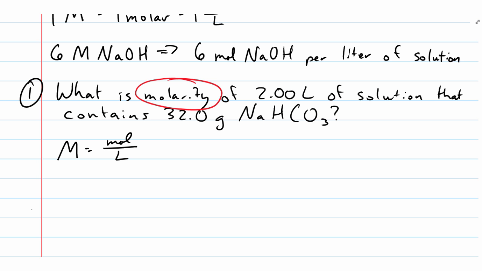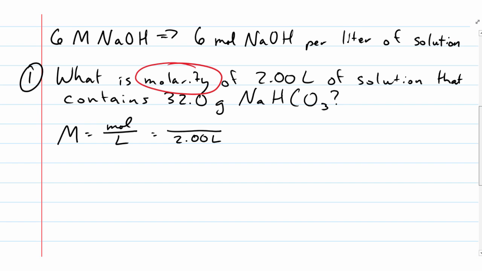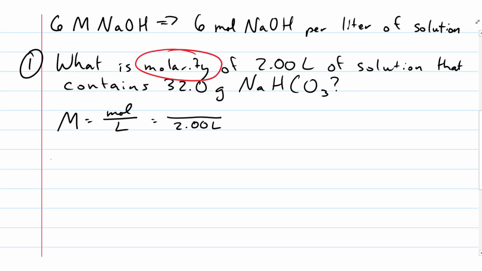We can put the 2.00 liters in the bottom. We don't have the number of moles, but we can easily get that out of the 32.0 grams. So we'll start with the 32.0 grams of sodium bicarbonate. We want to convert this to moles of sodium bicarbonate.